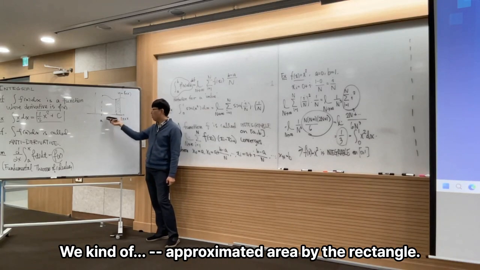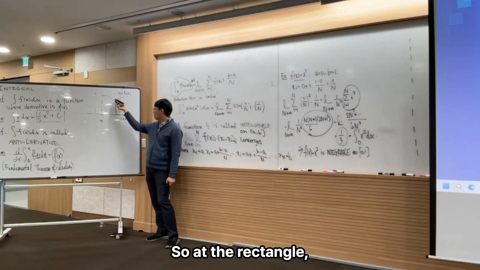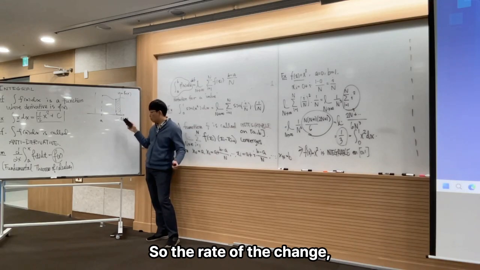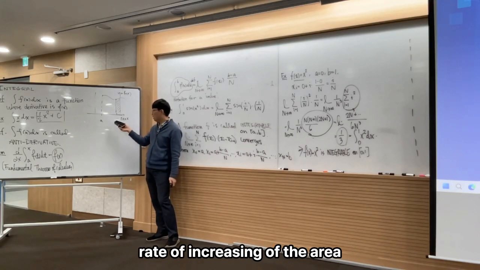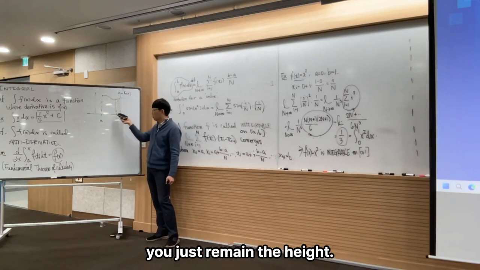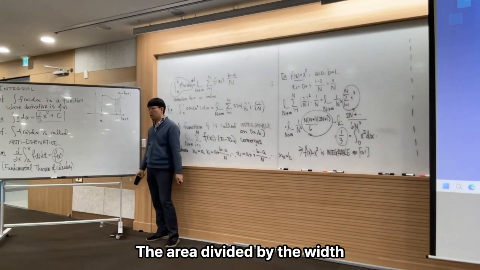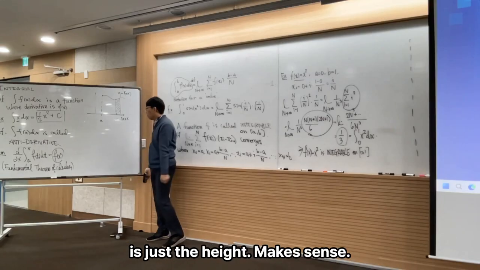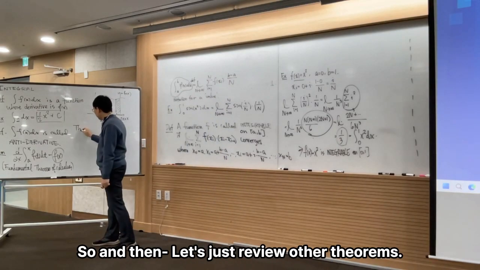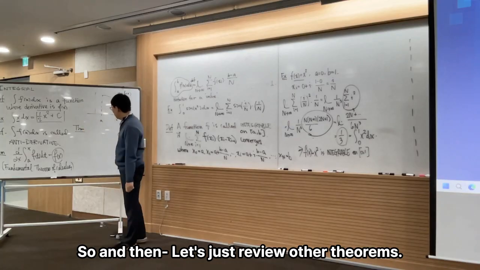We approximated the area by a rectangle, where you take a height at one point of this graph. So the rate of increase of the area is just the area divided by the width of the moving part, so you're left with the height. The area divided by the width is just the height. It makes sense. And then let's review other theorems.